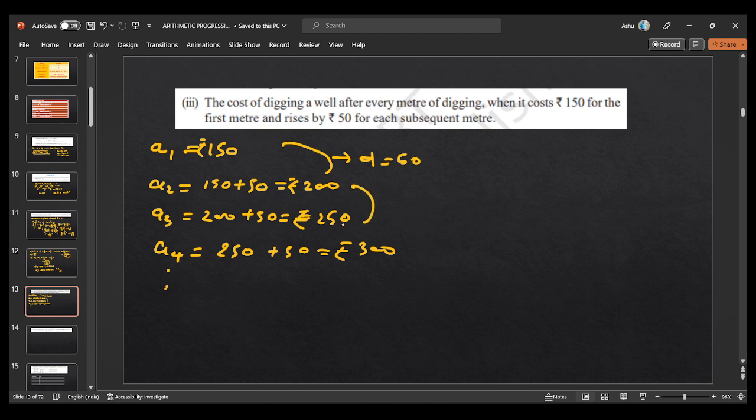The difference 250 minus 200 is 50, and 300 minus 250 is 50. Clear? So the common differences are the same. If common differences are the same, then it is an AP.